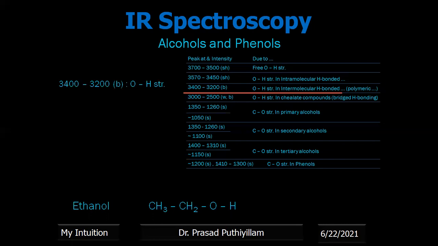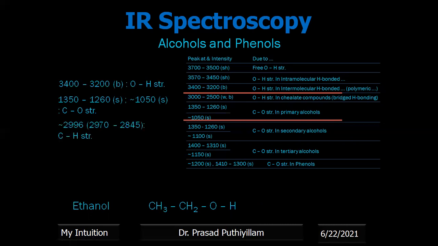3400 to 3200, a broad band, that is due to intermolecular hydrogen bonded OH stretching. Around 1350 to 1200, a strong band, as well as 1050, a strong band, that is due to the primary alcohol, because in a primary alcohol the OH is connected to a carbon connected to only a single alkyl group.